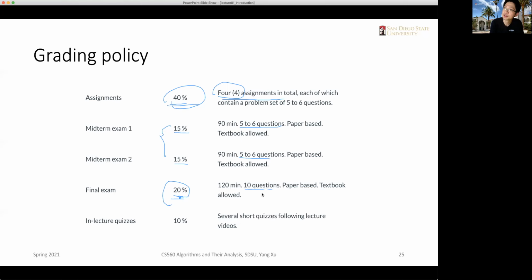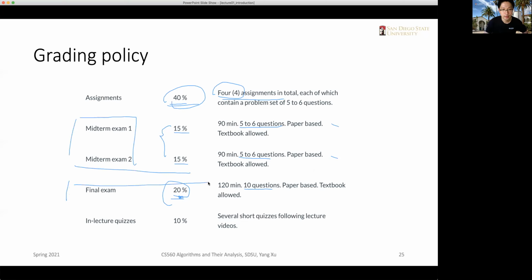In terms of the scope of the questions, midterm 1 and midterm 2 don't overlap. They cover different sections. The final exam will also not cover the previous contents in the midterms.